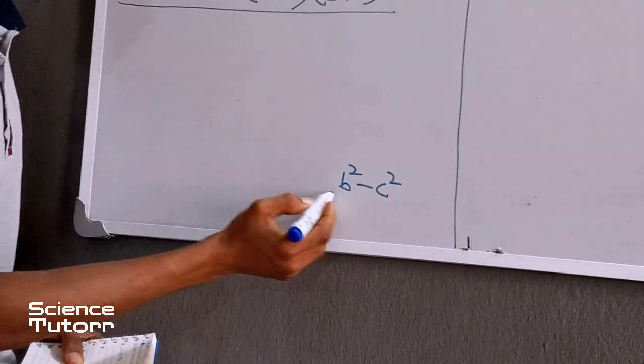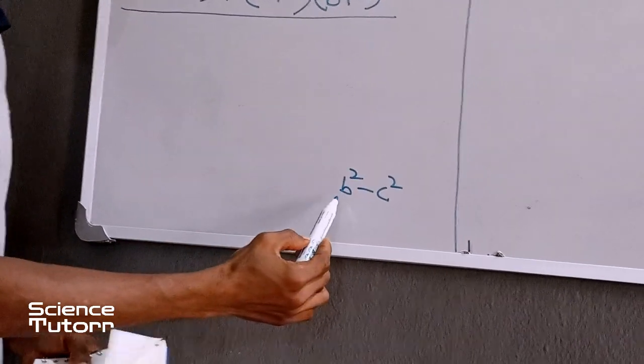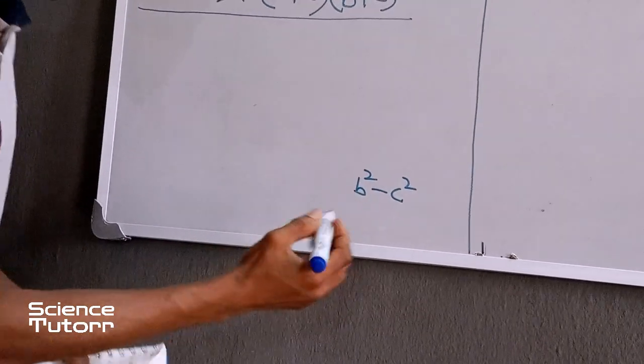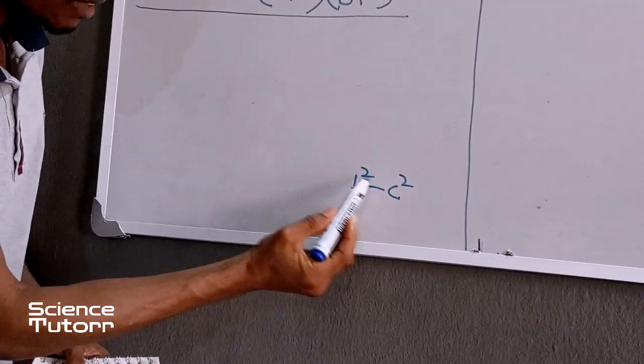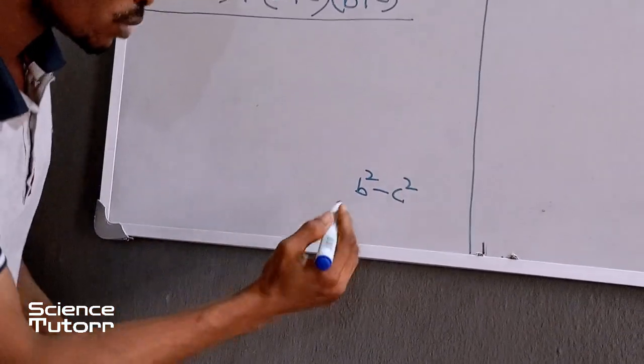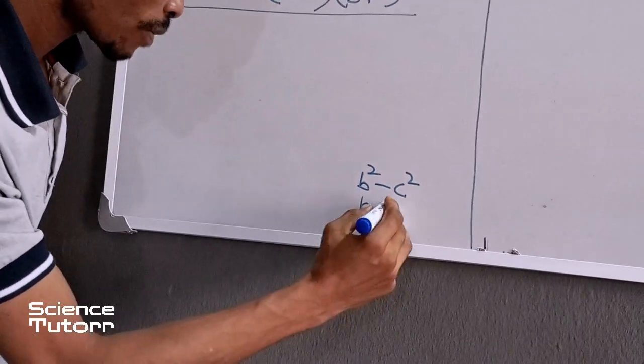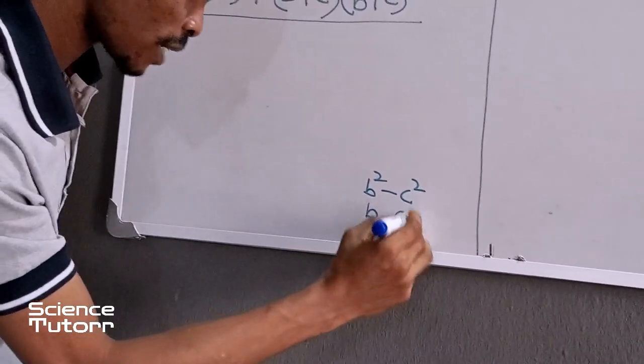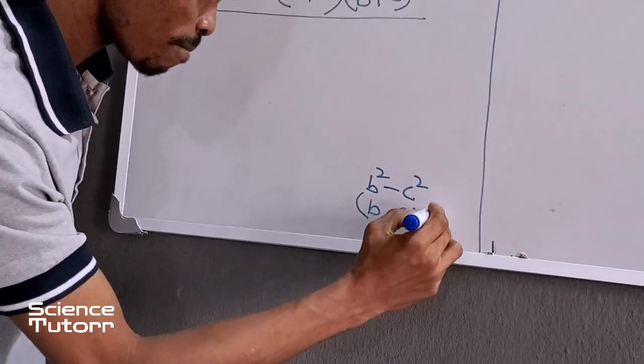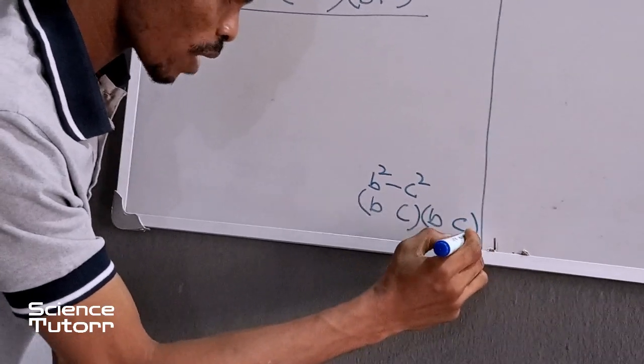Whenever we have something like this, we call it a difference of 2 squares, meaning that this one carries a square, this one carries a square, so I could decide to pick one for each, B, C as one pair, another B, C as one pair.